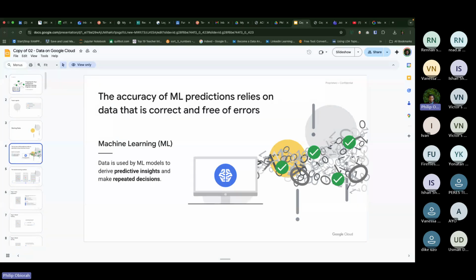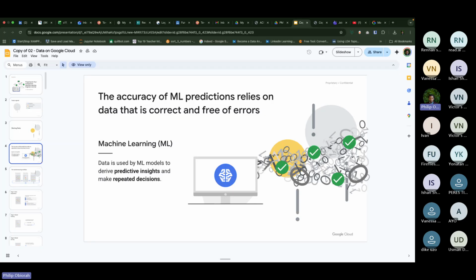Now, machine learning models don't only rely on the accuracy of predictions, but on how good your data quality is and how correct your data is. Everything is dependent on data.